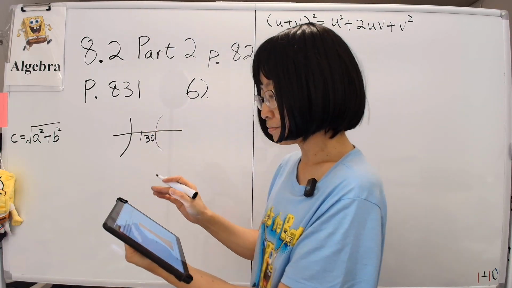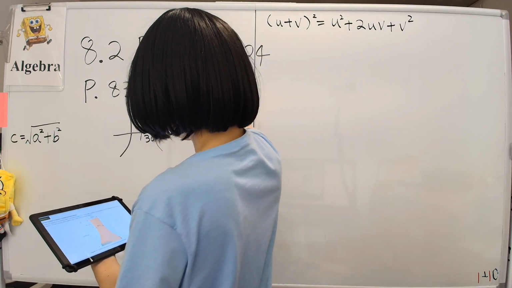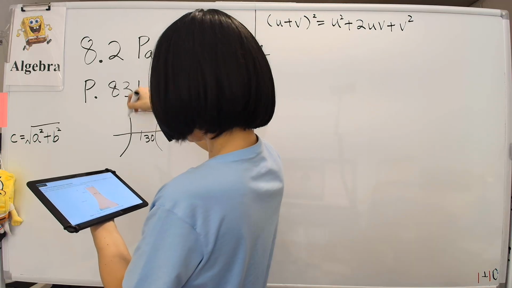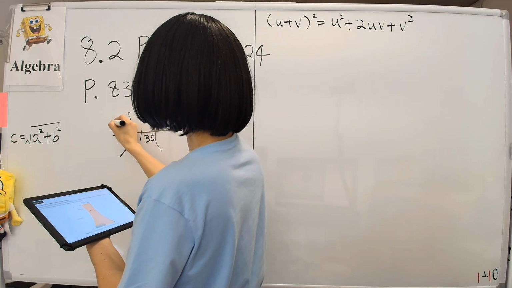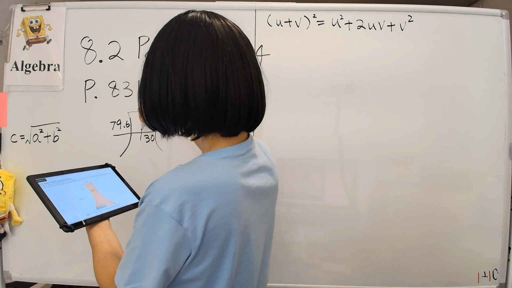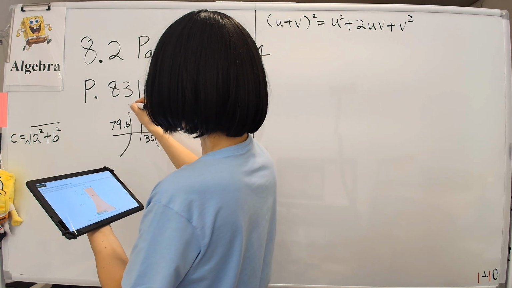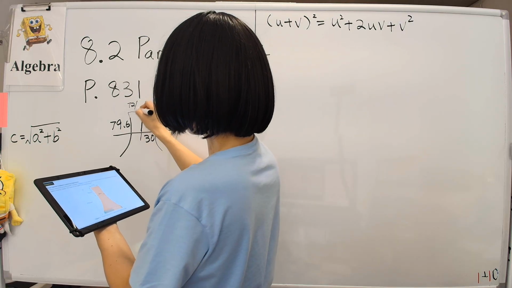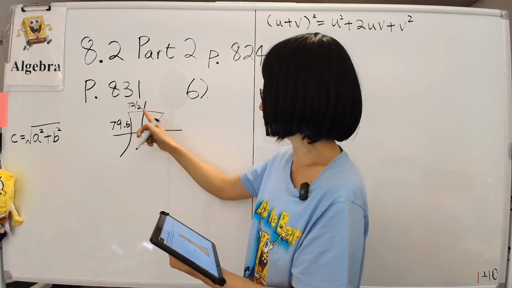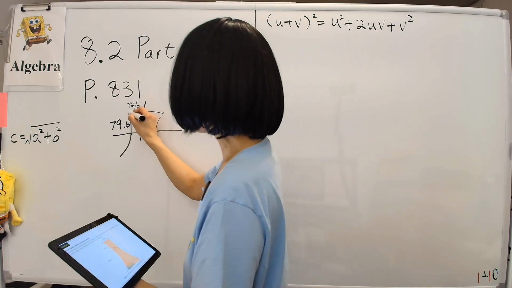And then also, it says that there's one point here, on top, where the height is going to be 79.6, where the width is going to be 72. The whole thing is 72, so half of it is 72 divided by 2, and that would be one point on the hyperbola.